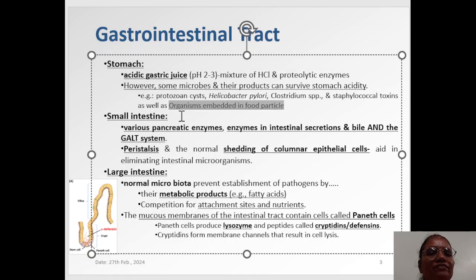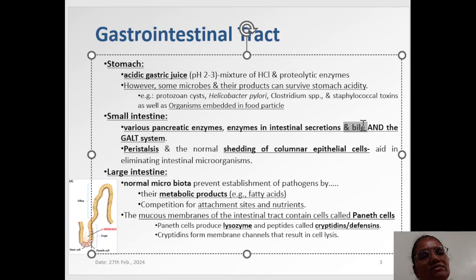The organisms reaching the small intestine again face challenges like a variety of pancreatic enzymes, which are highly digestive in nature. Additionally, intestinal enzymes are continuously poured into this area, and they are also hydrolytic in nature.